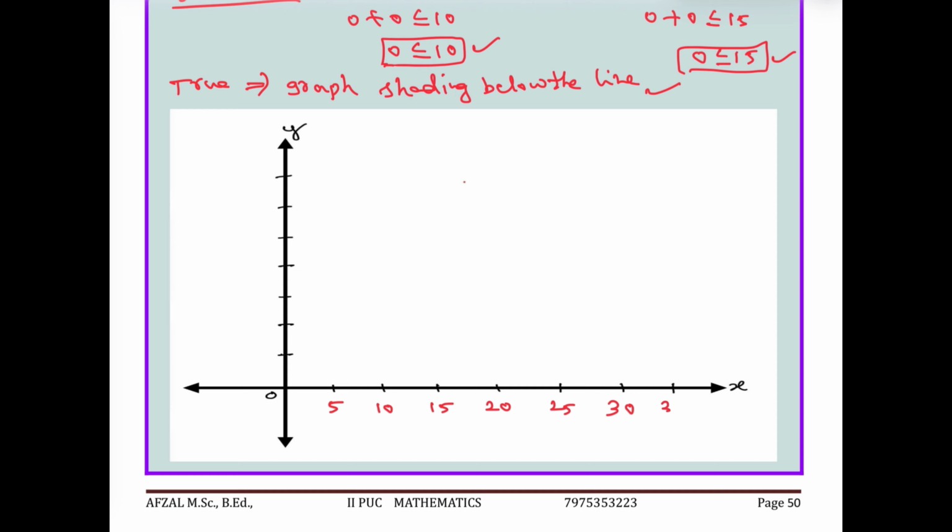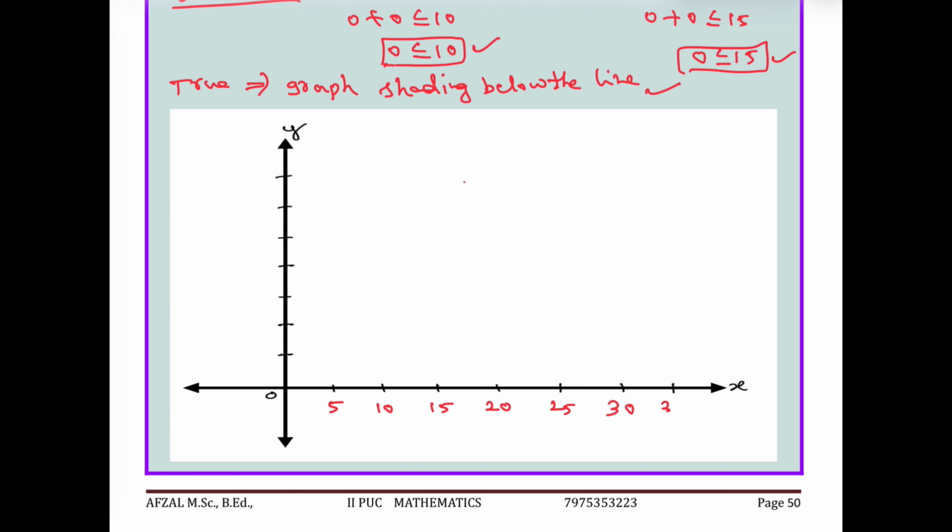Next, F is the event that the number appearing is even. Even numbers are 2, 4, 6. n of F, the outcomes, is 3. Then probability of F equals n of F divided by n of S, 3 divided by 6, that is 1 by 2.